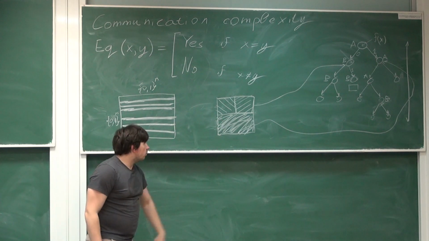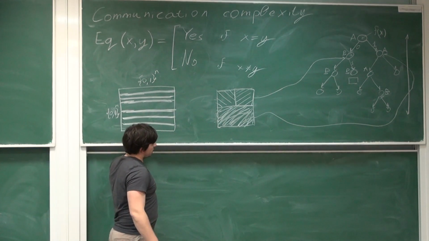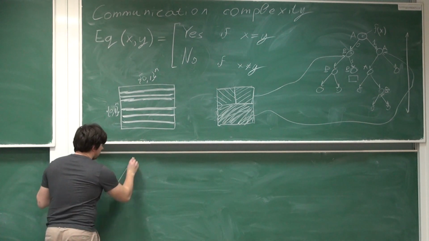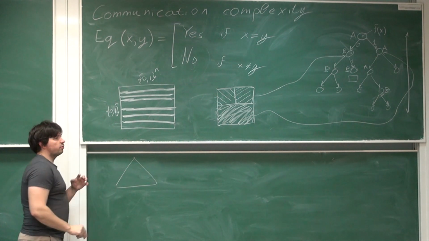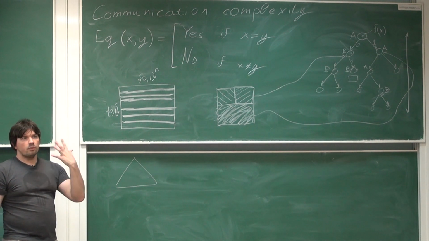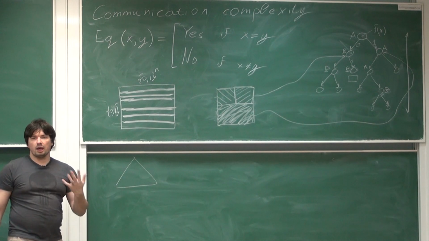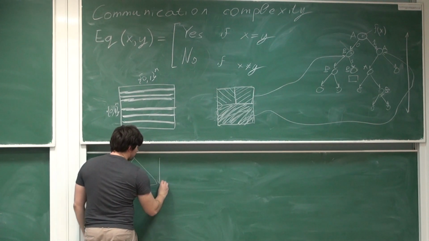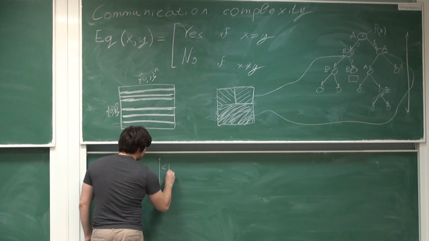And the answer is no. And let's see why. Suppose you have a protocol where Alice and Bob exchange less than n bits of communication. So you have a protocol tree of depth less than n.